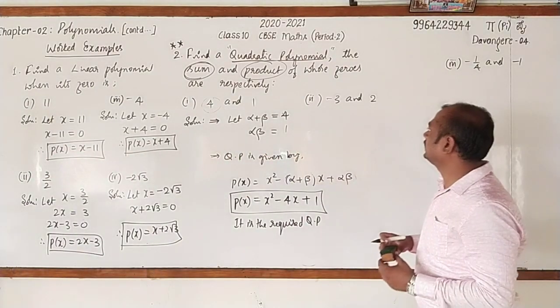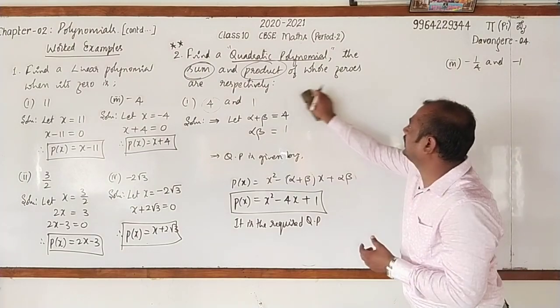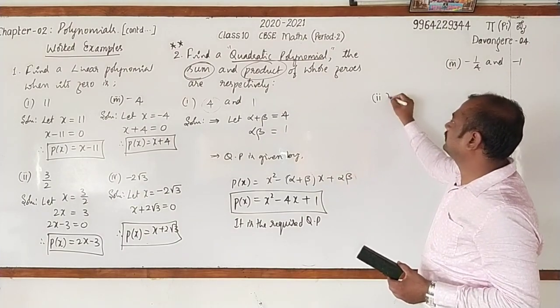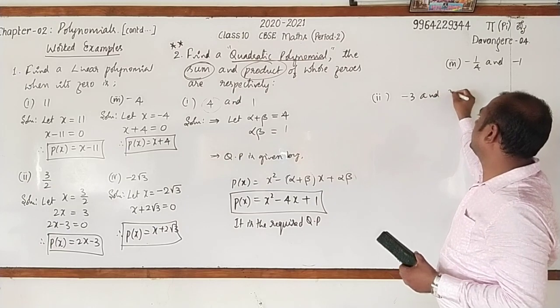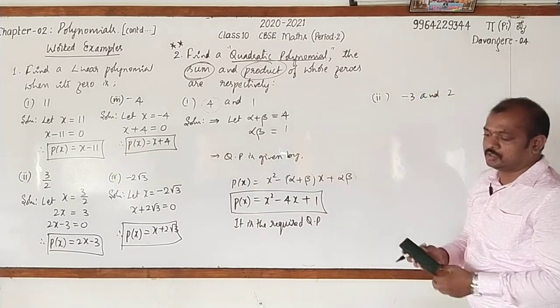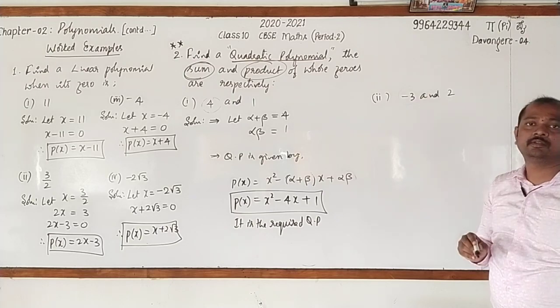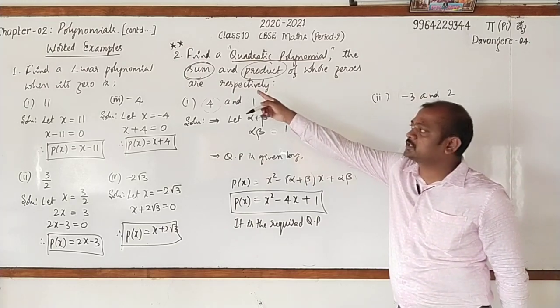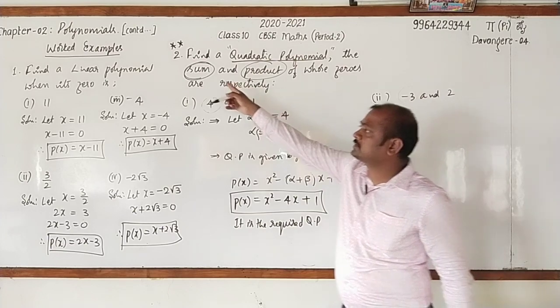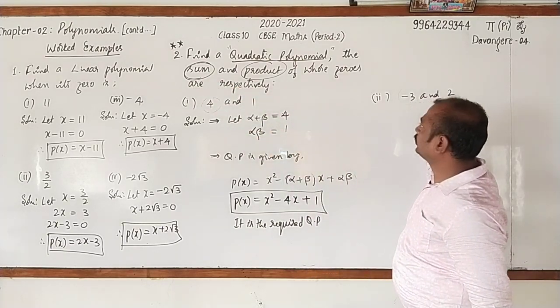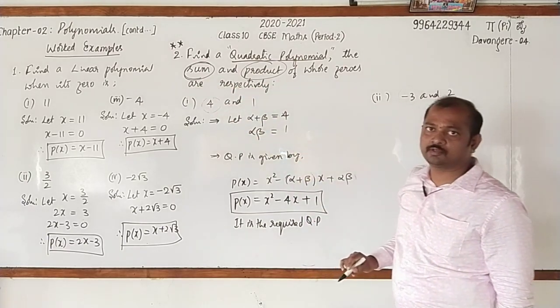Now I'll go for taking the second one. Minus 3 and 2. Then here, what do you call minus 3? As per the question, it is the sum. 2 is the product.